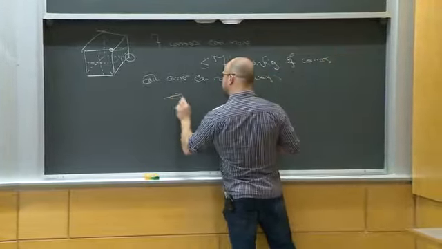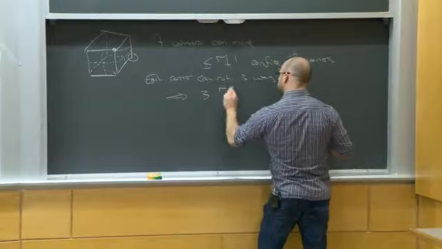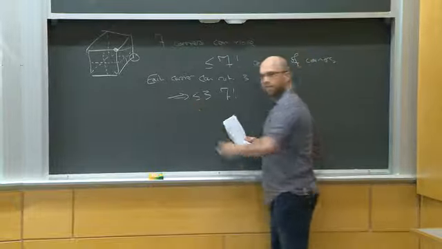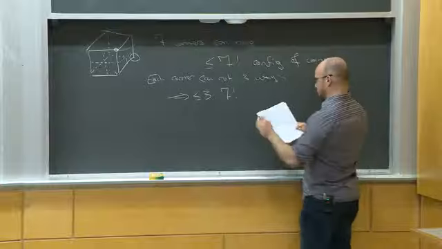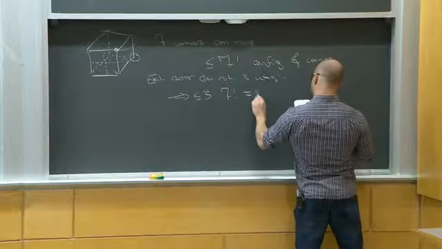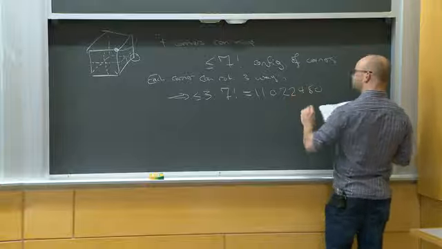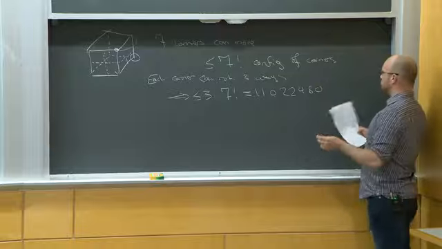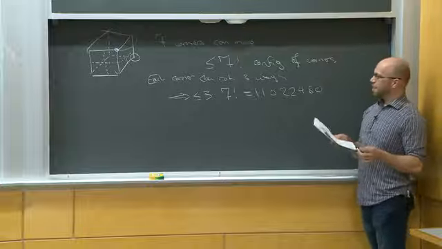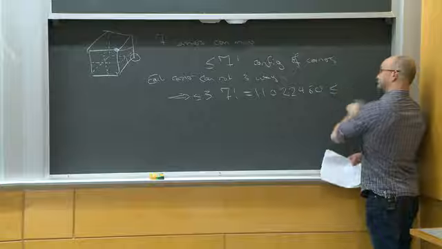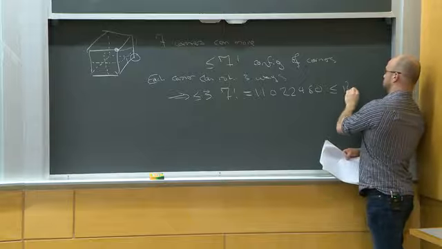So that means that I have 3 times 7 factorial different configurations as an upper bound. And this number is, wait for it, 11,022,480. The problem asks you to argue that your upper bound is upper bounded by 12 million, and indeed, it is less than or equal to 12 million.